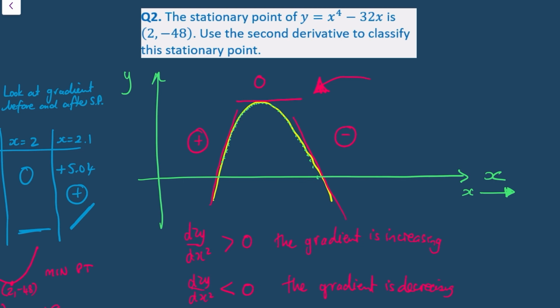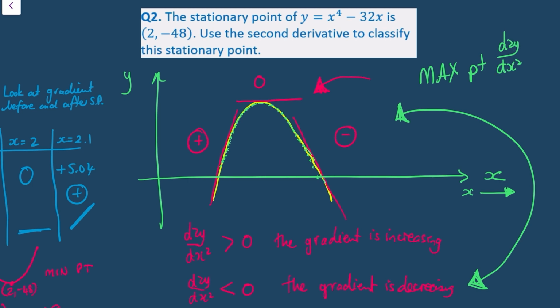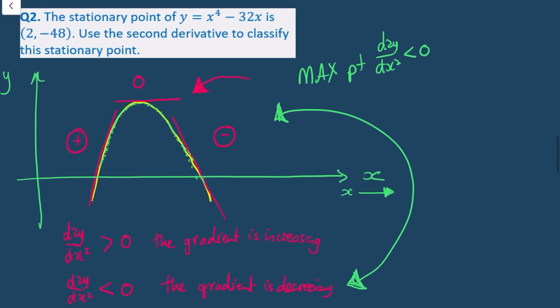So for a minimum value, the d2y by dx squared will be greater than 0. But for a maximum turning point, we see that the gradient is decreasing from positive to 0 to negative. So for a maximum point, d2y by dx squared will be negative. And for a minimum point, d2y by dx squared will be positive.